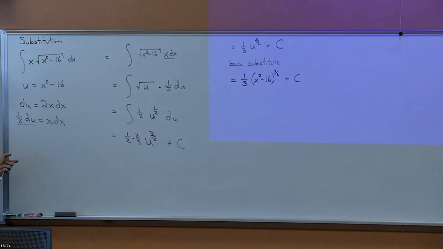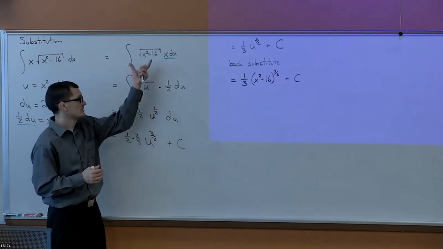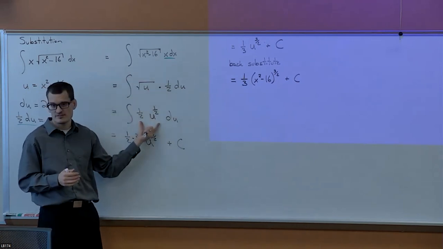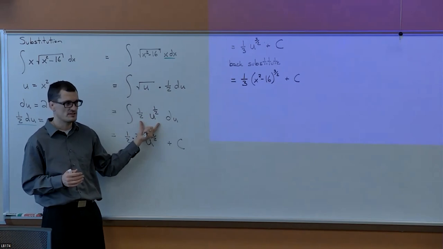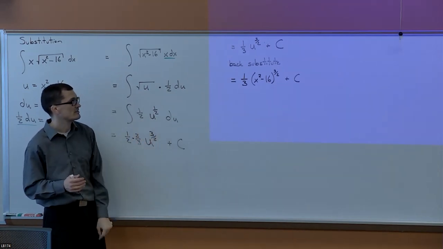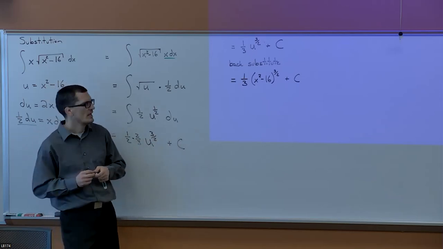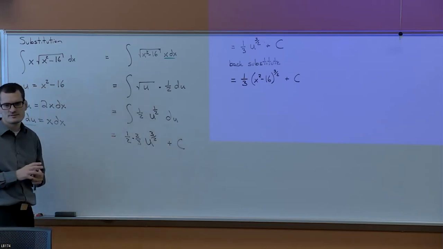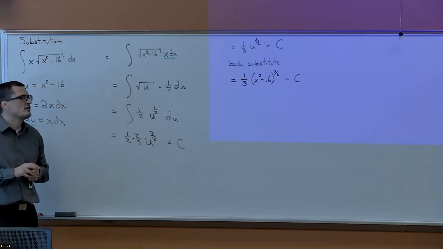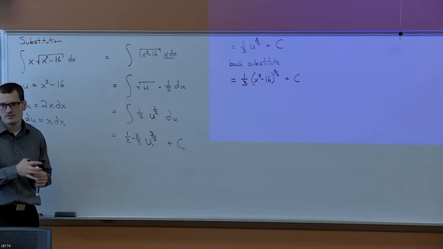It's kind of an art to choose the one that's going to cause you the least amount of work. But whichever one you choose, you'll end up at the same place: integrate with respect to u, and then back substitute. Any questions about substitution? I think you have all of the tools to complete that homework if you want.